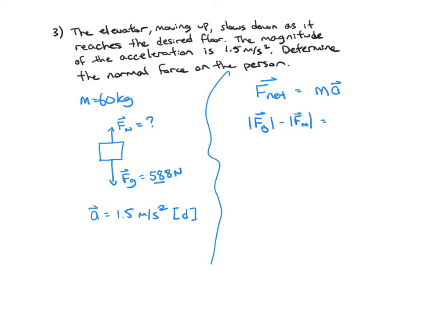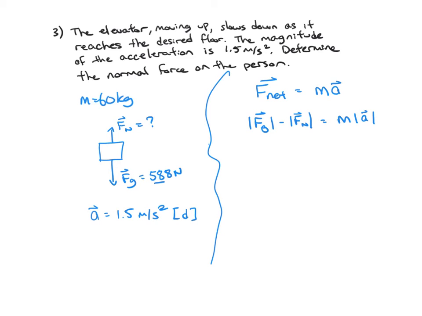And that's going to equal m times the magnitude of the acceleration. So that is switching net force with what it is. It's gravity minus normal in terms of magnitudes. And I'm going to rearrange that to get the normal force.